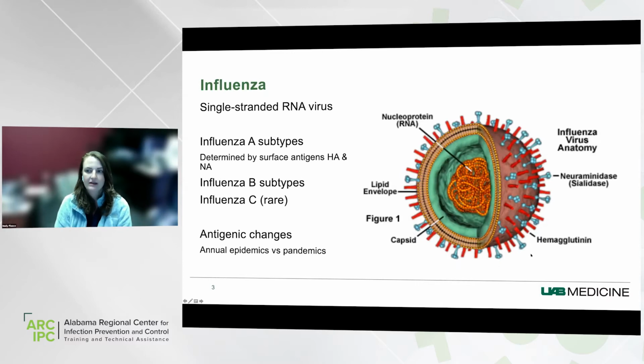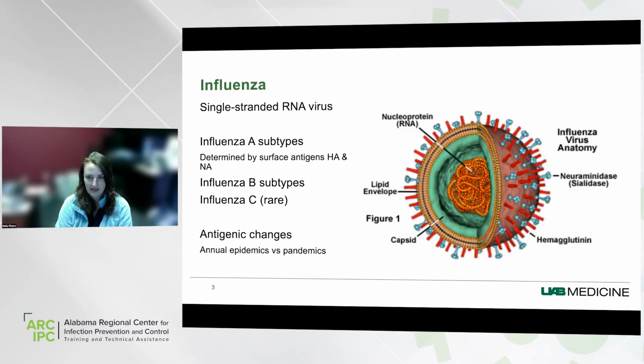So this is our influenza virus. It is a single-stranded RNA virus that we have come to know very well from each annual flu season. There are three subtypes of flu viruses that tend to infect humans, with influenza A and influenza B being the two most prominent.